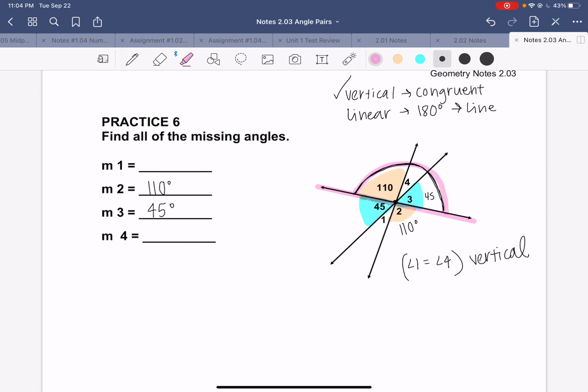So angle 3 plus angle 4 plus 110 should equal 180. I know the value of angle 3 because it was a vertical angle to the 45 degrees. So angle 3 is 45 degrees. So 45 plus angle 4 plus 110 equals 180.